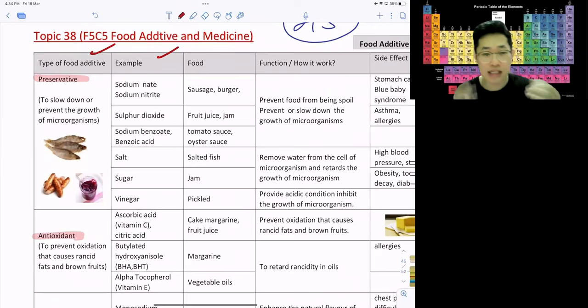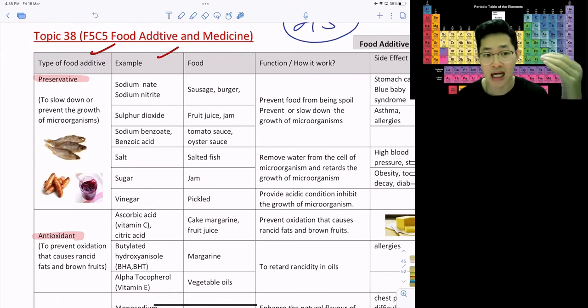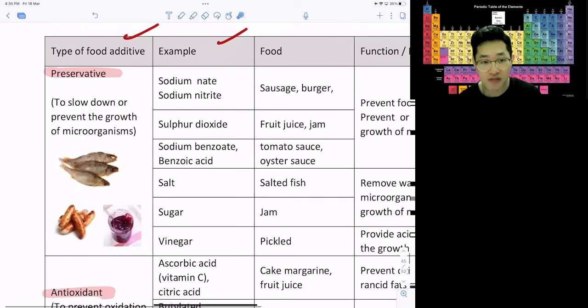So that means after this class, I will give you an exercise to do. You can try to do the exercise, okay? And most of the exercise, the answer can be found in all these important parts that I tell you now, okay? Example again, preservative.